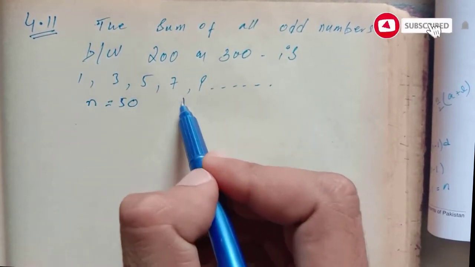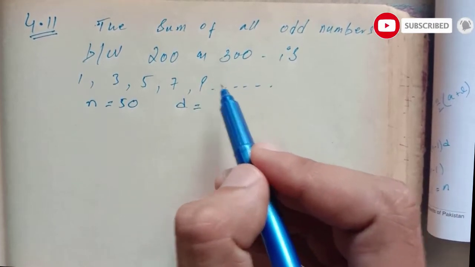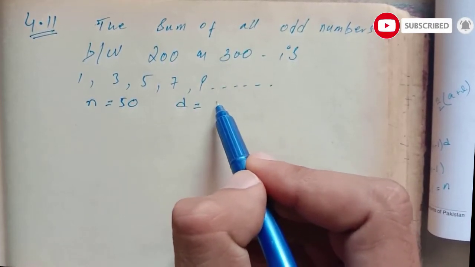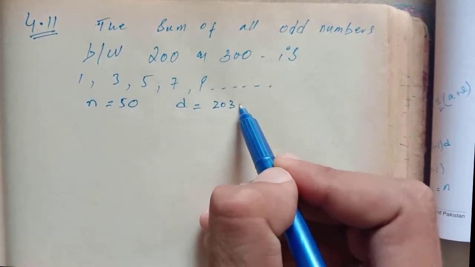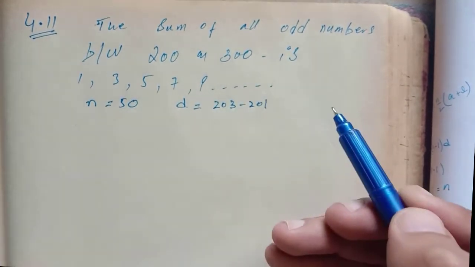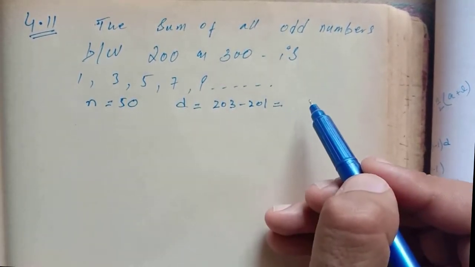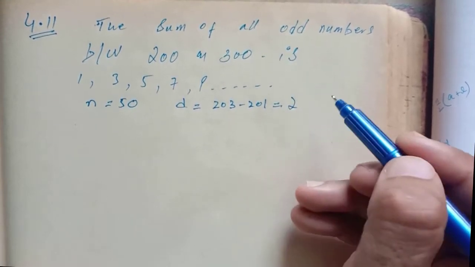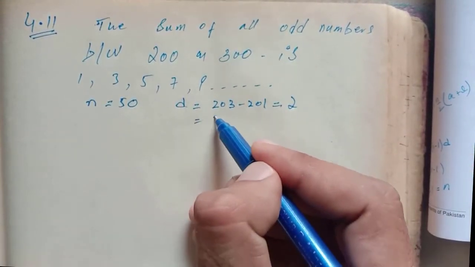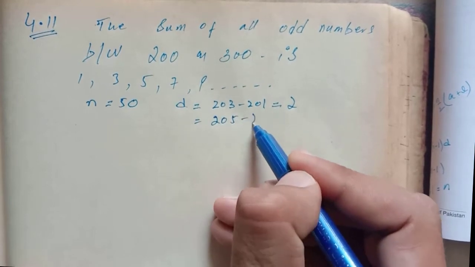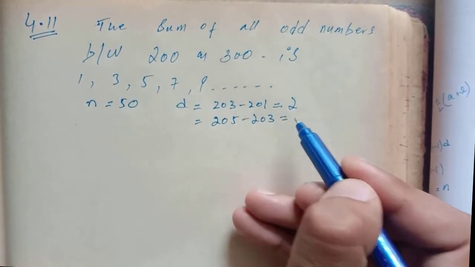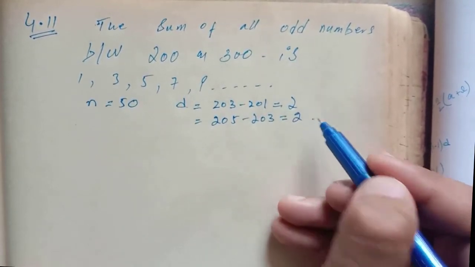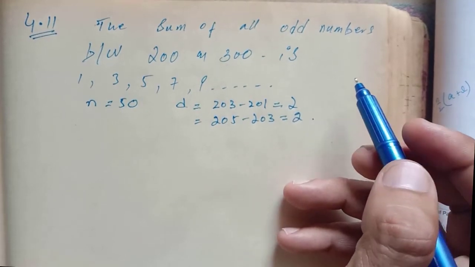The difference between two numbers: if we take 203 minus 201, this equals 2. If we take 205 minus 203, this again equals 2. So the series is an arithmetic progression.